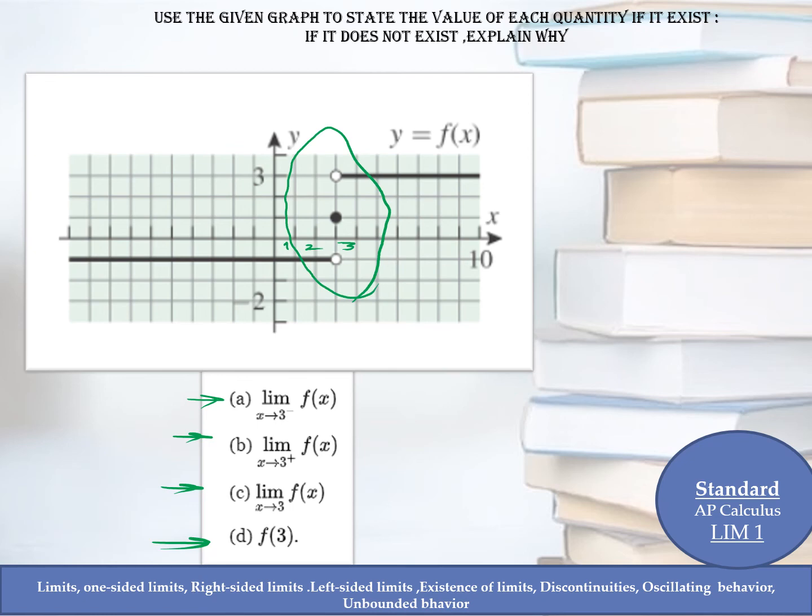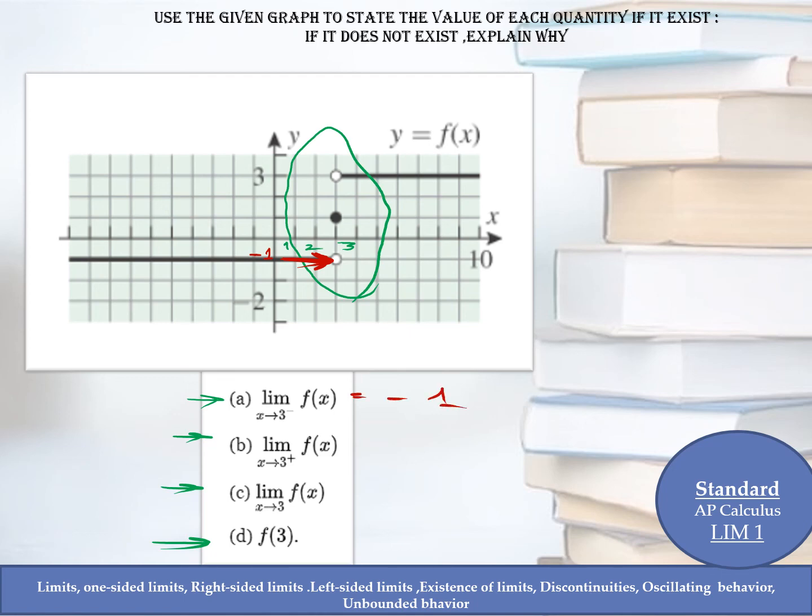Only at the 3, only this area. Now have a look. Limit from the left side of 3. Which line is coming from the left side towards the 3? This line, right? This line is coming from the left hand side. And what is the y value at this point? This is -1. So the answer is -1.